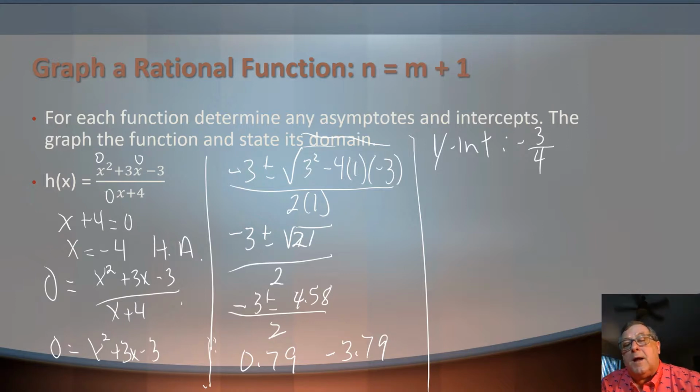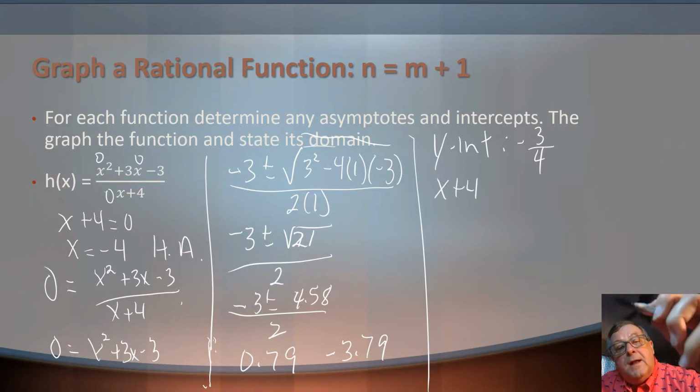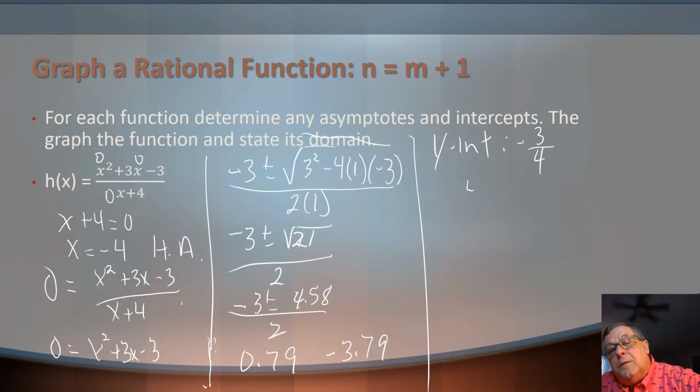It doesn't matter, okay? We're just trying to get the equation for the oblique or slant asymptote. So let's go x plus 4. We're going to divide that into, I need to move that down. I'm not going to have enough room.